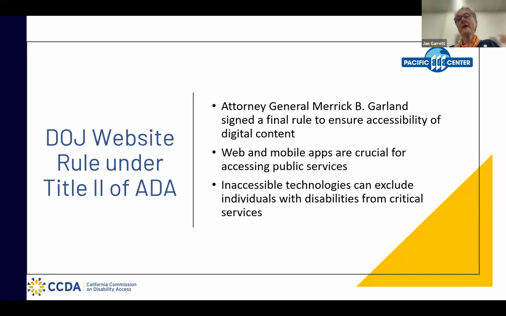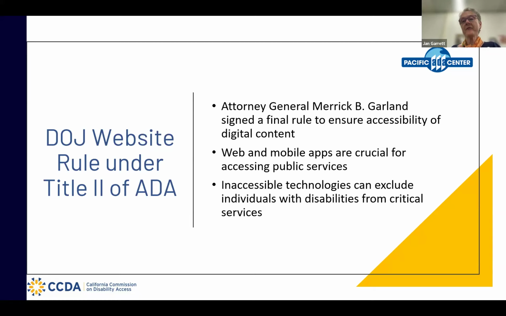And there's only a certain number of exceptions for your websites and your mobile apps. So even though there's a grace period for moving into this regulation, I would encourage all Title II entities to start now, looking at their websites and mobile apps. Inaccessible technologies, as we were talking about before, can exclude people from critical services.